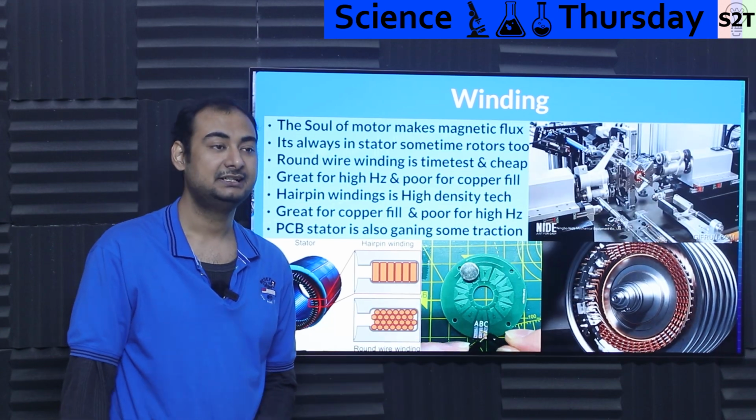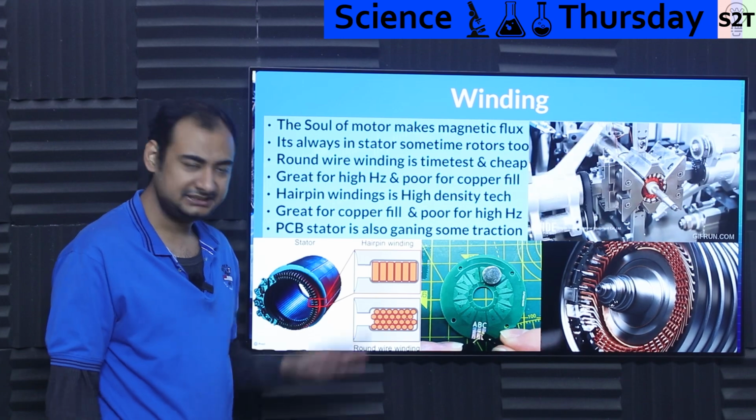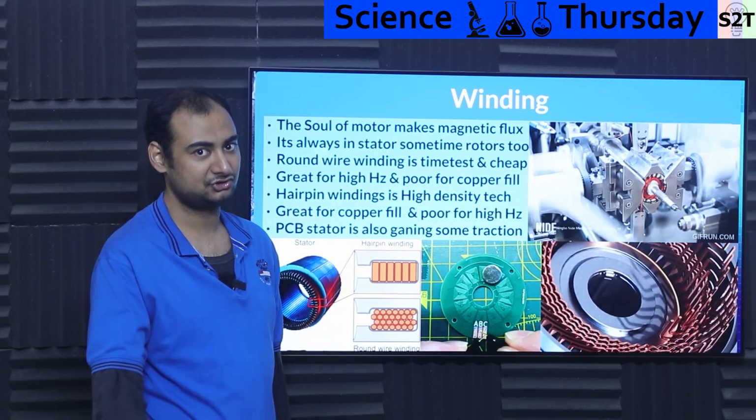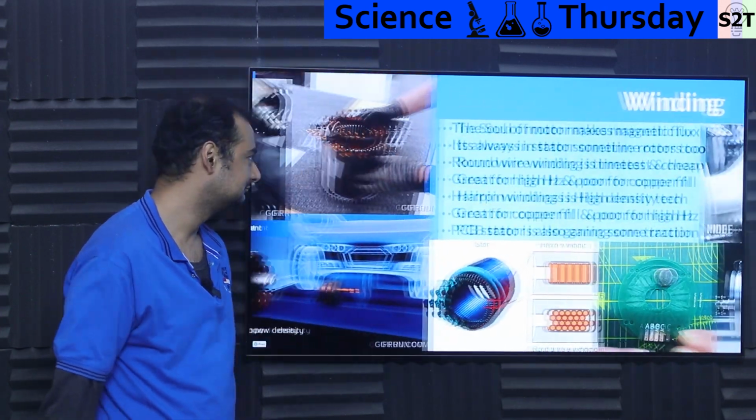This can deal with that, but again, the technology is a bit undercooked right now. So these are the three options that you have to deal with in terms of the soul of the basically rotating machine.